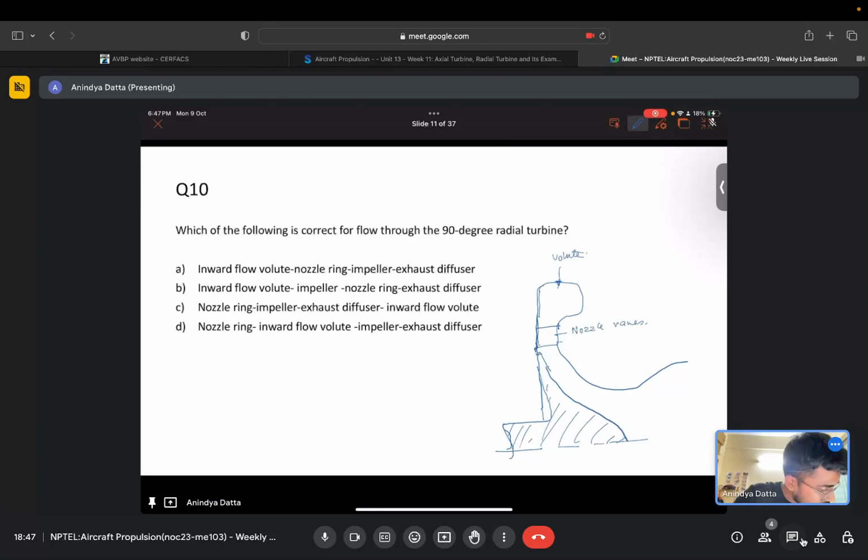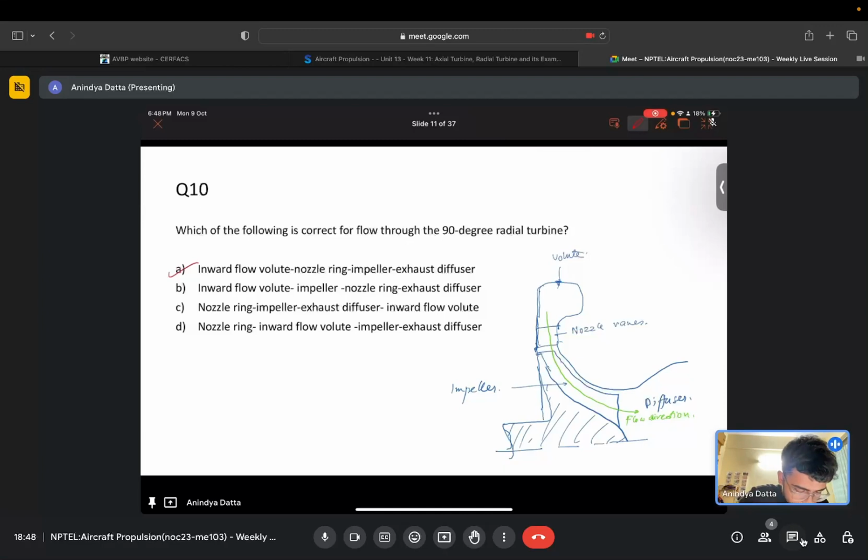Then we have the impeller, and then the diffuser. This is our flow direction. So first we have the volute, then the nozzle ring, then the impeller, then the diffuser. Going by that, option A is the correct answer.